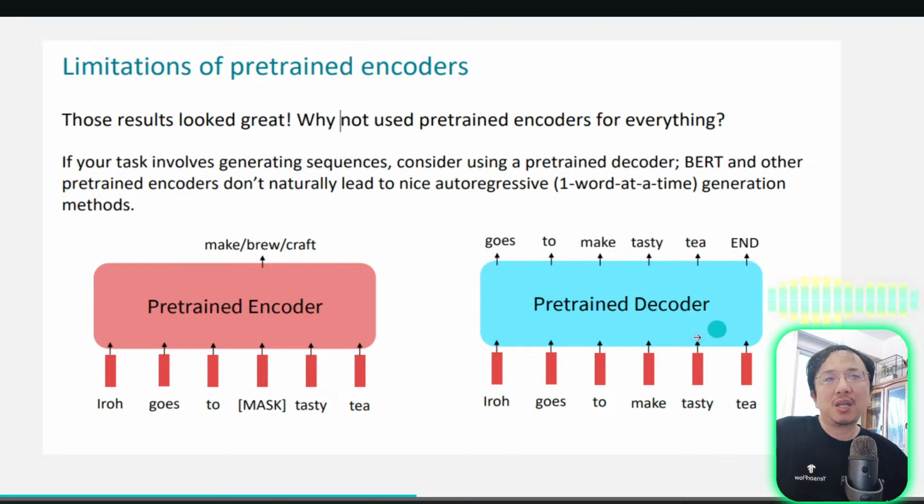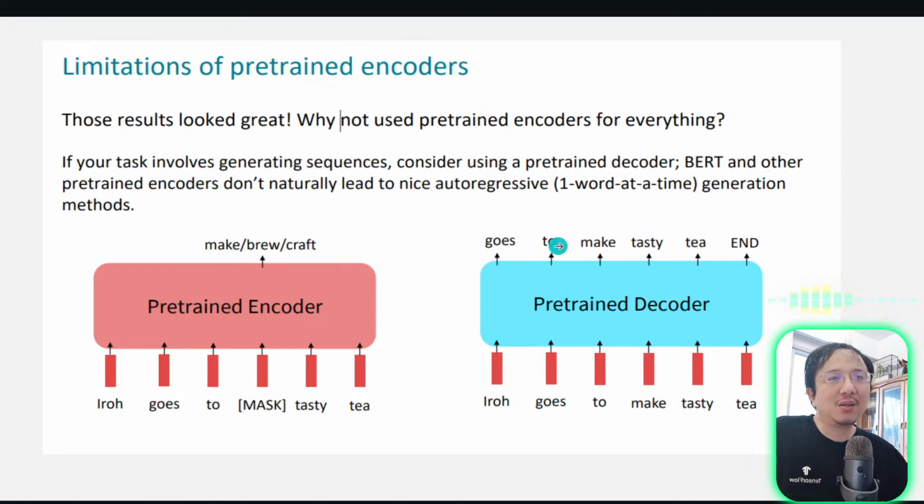Consider a decoder: it is predicting the next one. So you put the next one as input and predict the third one, and then the next one, and the next one. So it's very natural. Like we said, the decoder is very natural for generative tasks.